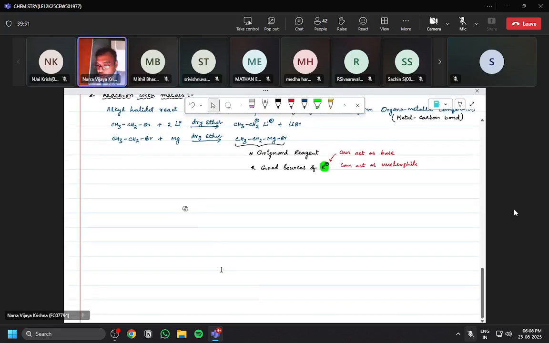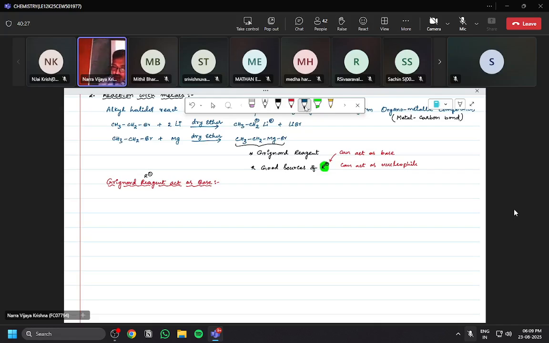Now, I am talking about the Grignard reagent acting as a base. I am talking about the Grignard reagent, which means nothing but R minus. R minus acting as a base.